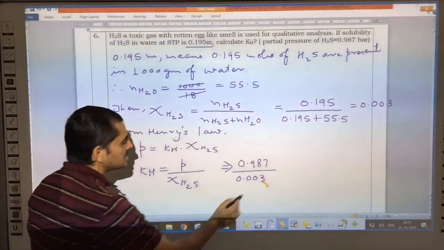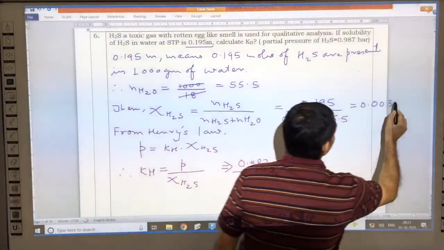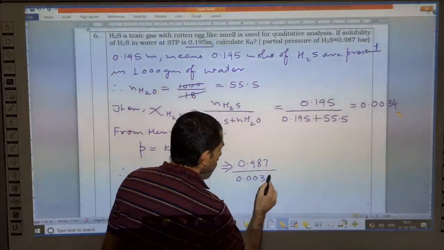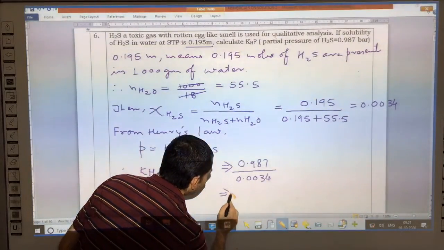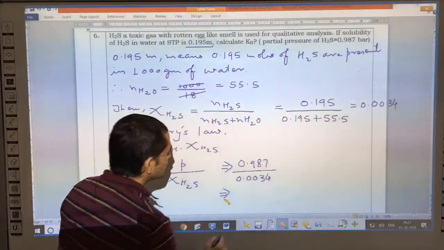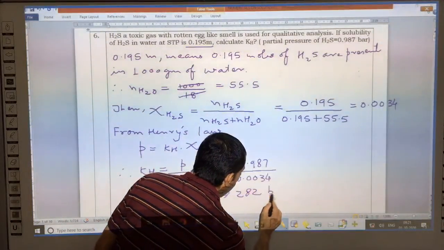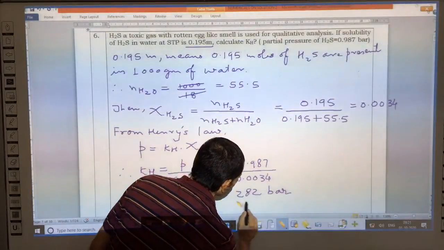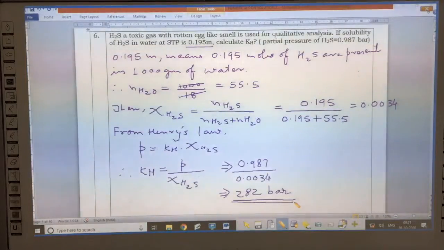It is 0.0034. Write the complete value. Okay. Now when we are solving it, we will get the answer. It is coming to be approximately 282 bar. So this is Henry's constant for this equation.